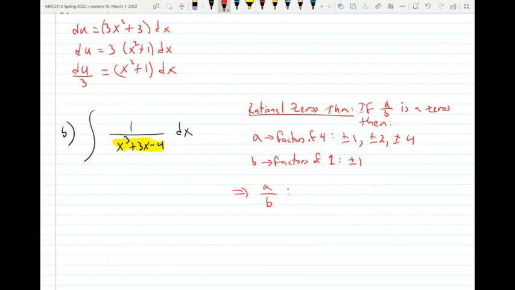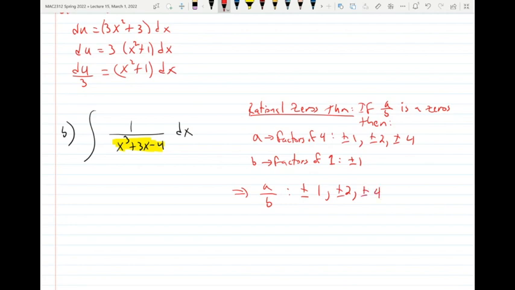The first thing that you do is find the factors of the constant term. Then find the factors of the leading coefficient. And then you start making fractions, combining the top list with the bottom list. So it would be plus or minus 1 over 1, that's just 1. Then 2 over 1, that's just 2. And then 4 over 1, that's just 4.